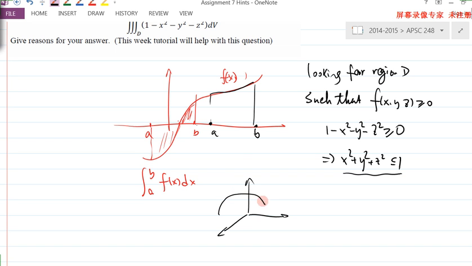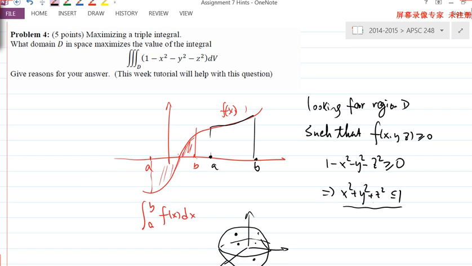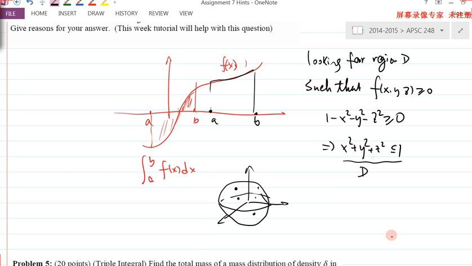If we're given a region D within this unit sphere, then for any point within it you are guaranteed that this integrand f of x, y, z is greater than 0, and that triple integral will be maximized. So this is your region D.